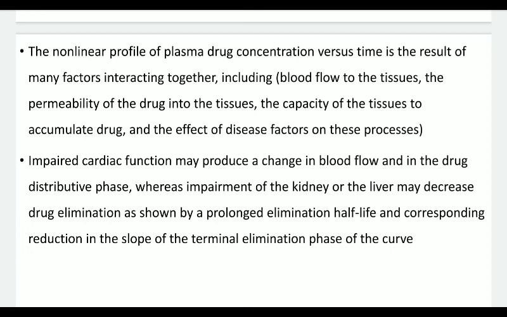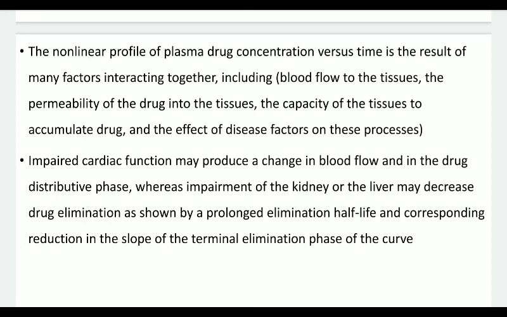So these factors play a very important role in the distribution of drug to various tissues. Impaired cardiac function may produce a change in blood flow and in the drug distribution phase, whereas impairment of the kidney or the liver may decrease drug elimination, as shown by prolonged elimination half-life and corresponding reduction in the slope of the terminal elimination phase of the curve.